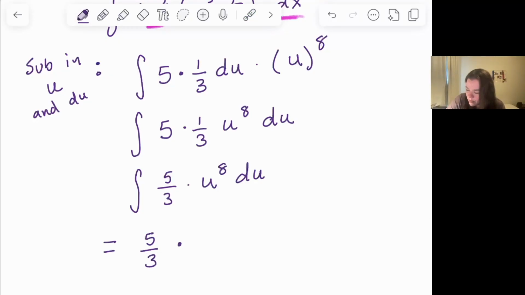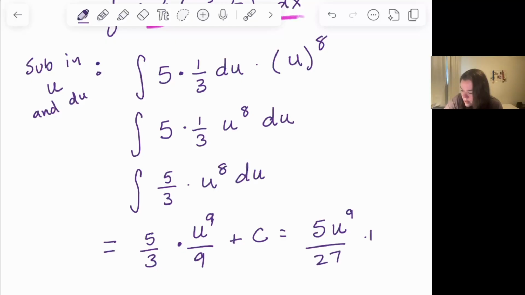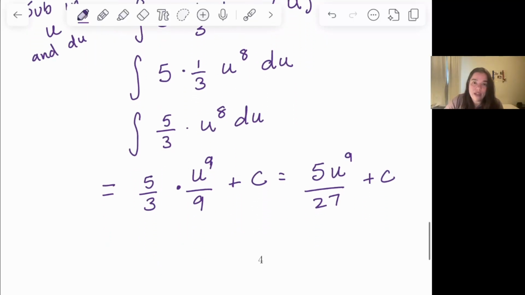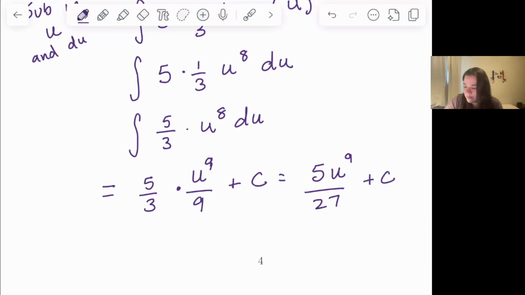It's a constant multiplier. Then we do the power rule on the u term. u to the 9th over 9 plus c. We can then clean this up. If you want to clean those fractions up, this becomes 5u to the 9th over 27 plus c. That is your final answer in terms of u.